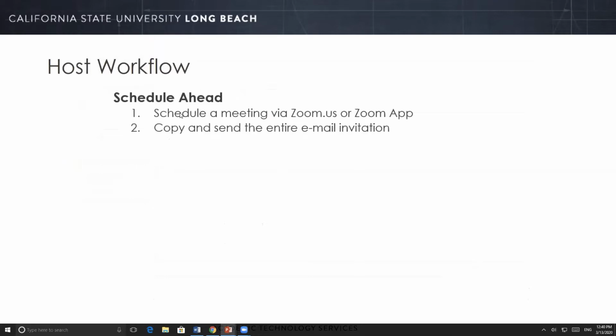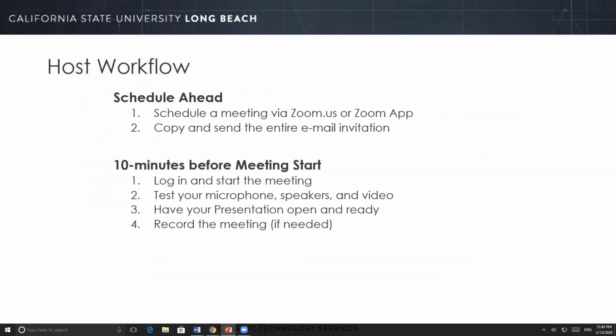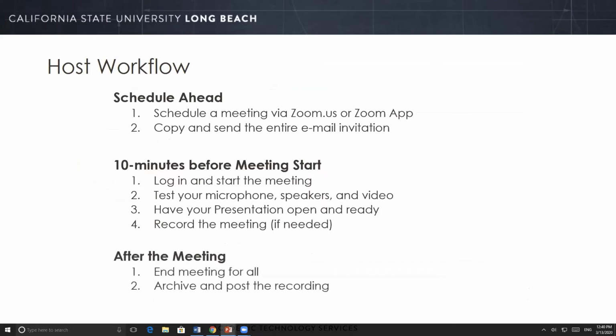So I'd like to go over just a little bit of a host workflow for you. So in terms of scheduling and then preparing, and then after the meeting, what we recommend you do. So in advance of a Zoom meeting, we recommend scheduling via the single sign-on or the Zoom app.